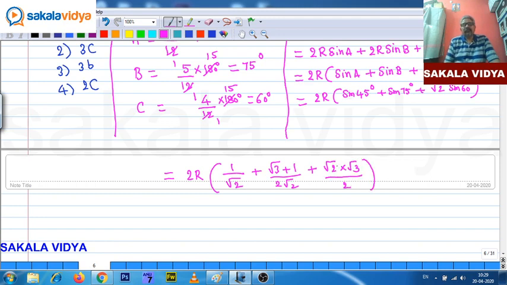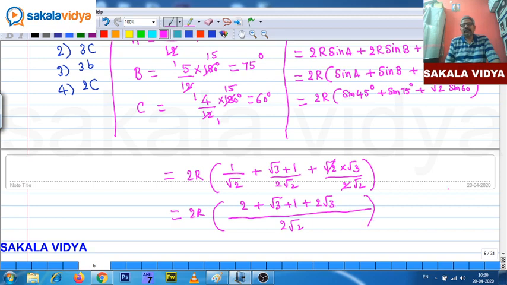Now take 2 root 2 as the LCM among root 2 and 2 root 2. Root 2 gets cancelled. 2 into 1 is 2, plus this will be root 3 plus 1, plus this will be 2 root 3.